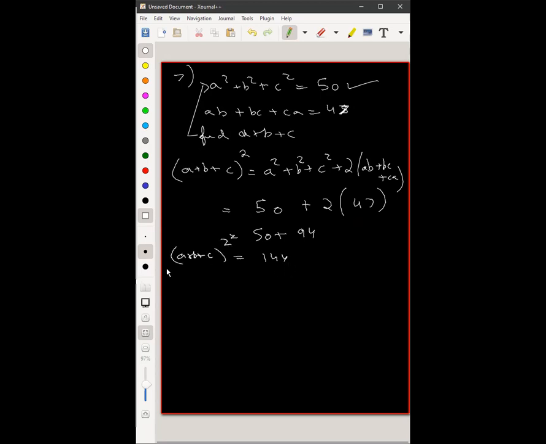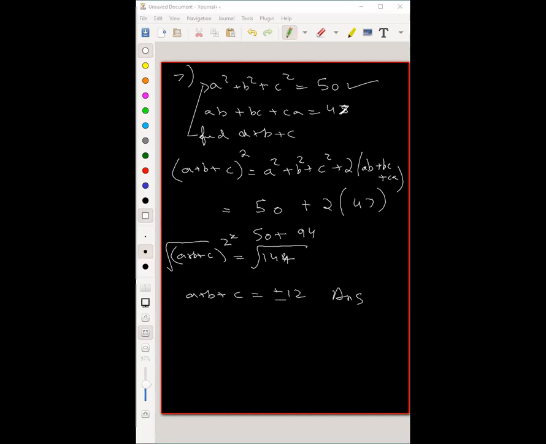Squaring both the sides, I'll get a plus b plus c is nothing but plus minus root of 144, which is plus minus 12. Same question we did earlier, just the values are different. Any doubts, anyone in this question? All clear? Exercise 4C clear?